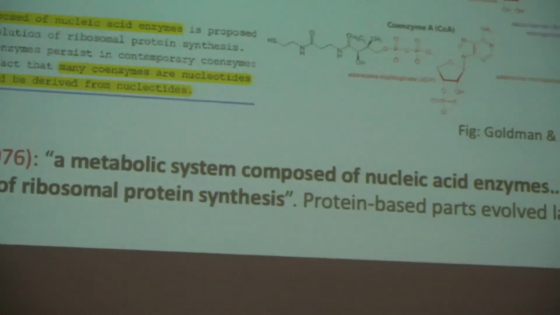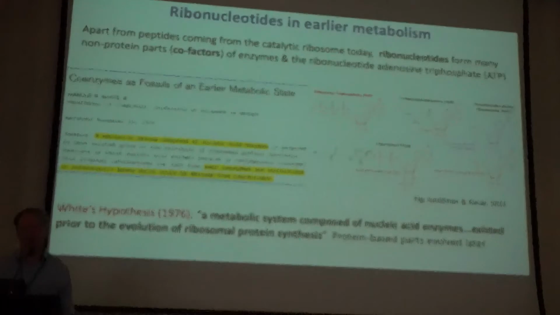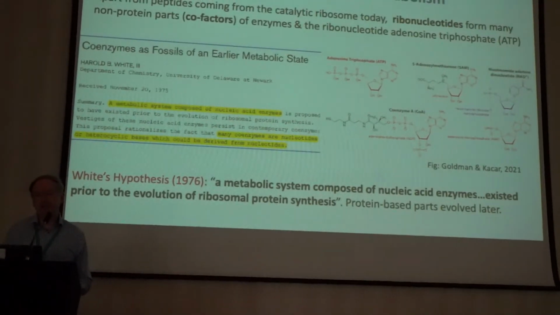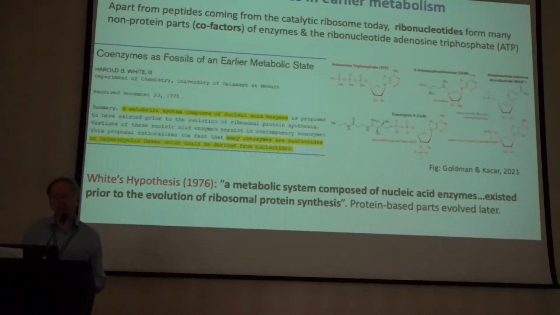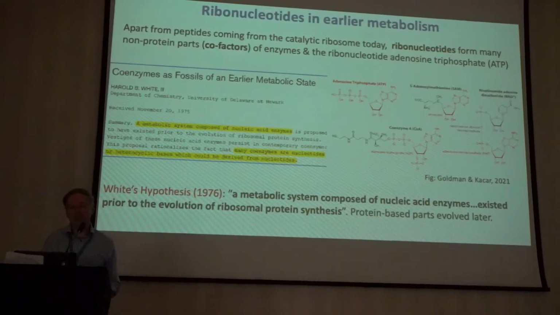One of the reasons for emphasizing the components of RNA is that there's evidence, vestiges in modern biochemistry, that ribonucleotides, the monomers of RNA, were present in an earlier metabolism.